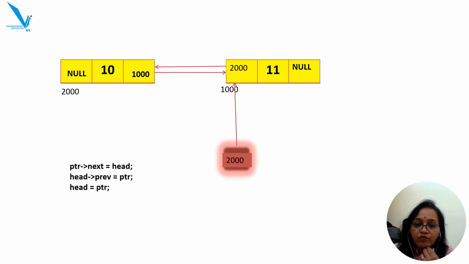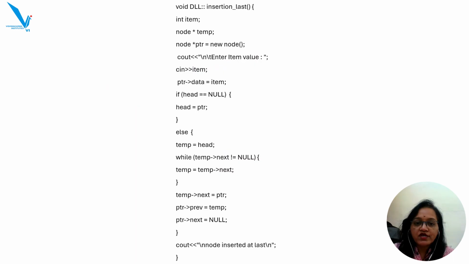Once the head contains 2000, it will no longer point to the 1000 address. And this is how we have inserted our new node at the first position in the list. Now check out the list. There are two nodes and head is pointing to the first node, that is the newly added node. I hope it is clear.